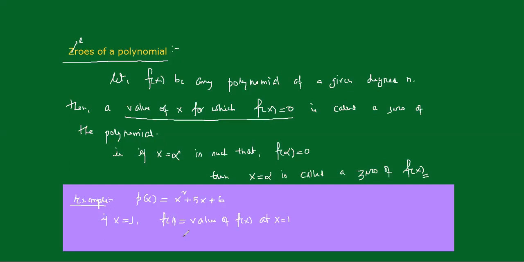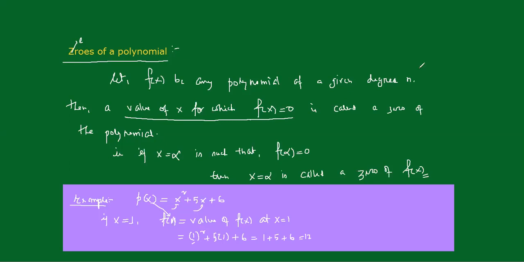And how do we work it out? Very simple. When we write 1 here, you compare this. You have replaced this x by 1. So you are responsible for replacing each of these x by 1, and you work it out. Whatever value you get is the value of the polynomial. So here what will I get? This is 1, the second one is 5, and the third one is 6, and I got 12.